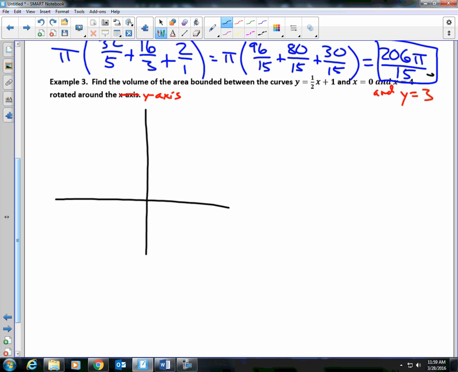So what does the graph of 1 half x plus 1 look like? That's a line that passes through 1 with a slope of 1 half. So up 1 and over 2, up 1 and over 2.